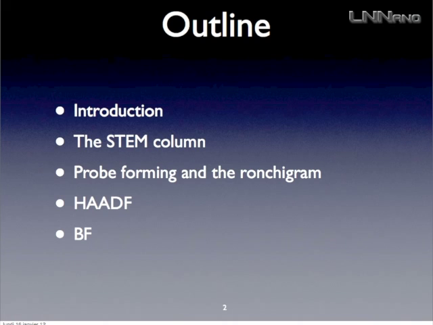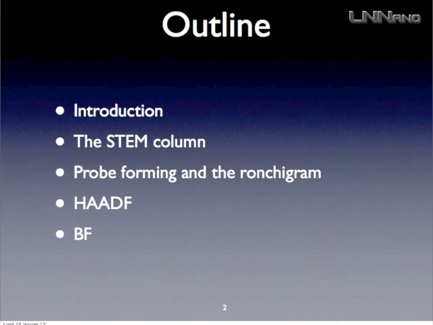Okay, so the outline of my talk. After a short introduction, I will discuss the column of the STEM. Then I will discuss the Ronchigram. The Ronchigram is just a way to characterize the probe, the incoming electron probe, so I have to discuss both at the same time. Then I will discuss dark field.